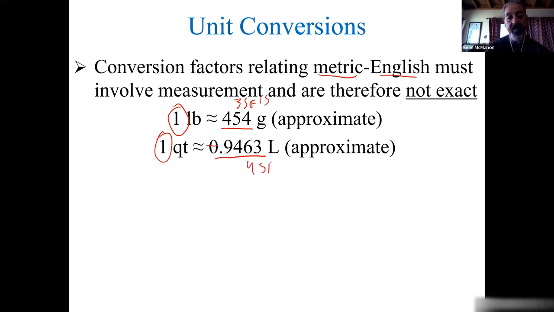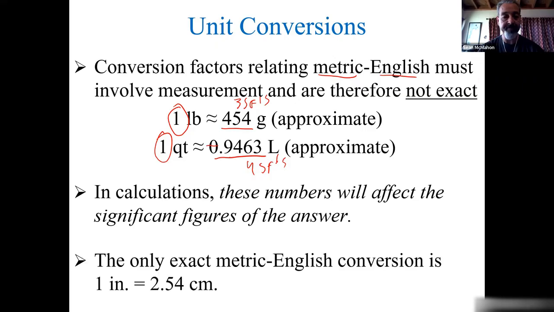This would be 4 sig figs. If that causes you difficulty, go back to lecture 1 of chapter 2, and that should help you out, where we talked about sig figs. There's only one exact metric to English conversion, and that's the 1 inch to 2.5 centimeters. So I told you to know that one.